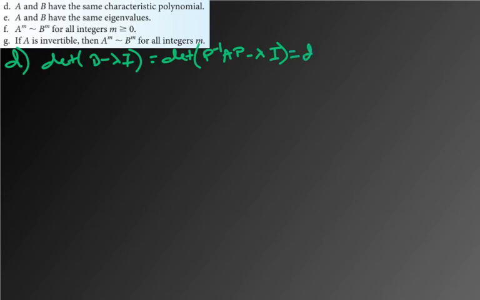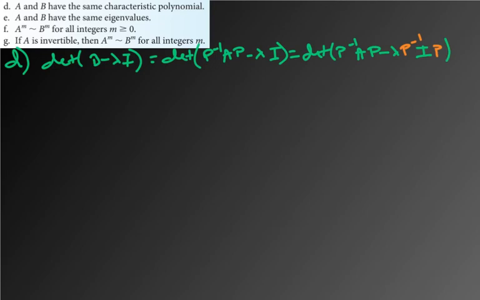which we could say is equal to P inverse AP minus lambda. And then this might seem kind of weird, but you'll see where it's going after I do it. But the identity is similar to itself. So this is true, right?